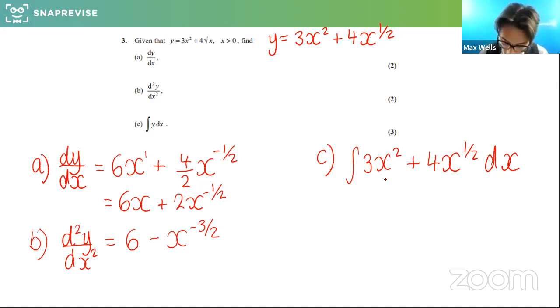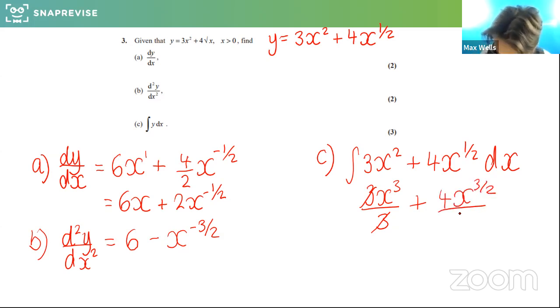So for this one, we're going to add 1 to the 2 and then divide by that. So we're going to get 3x cubed over 3 and then add 1 to the power and divide by that. So we're going to get 4x to the 3 over 2 divided by 3 over 2, and then we need to remember plus c.